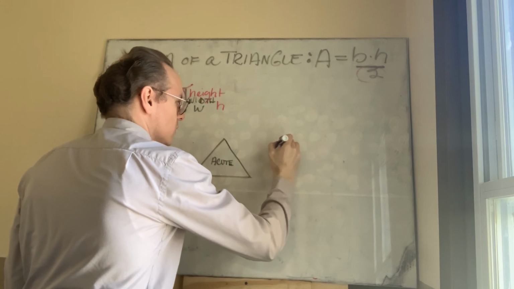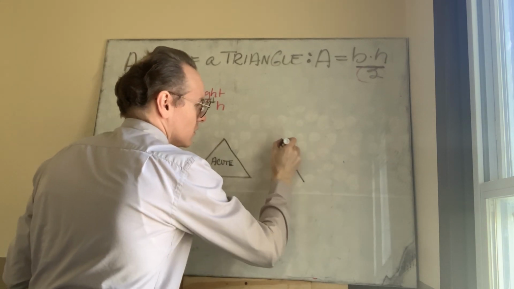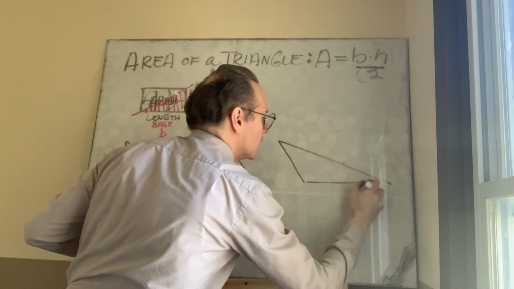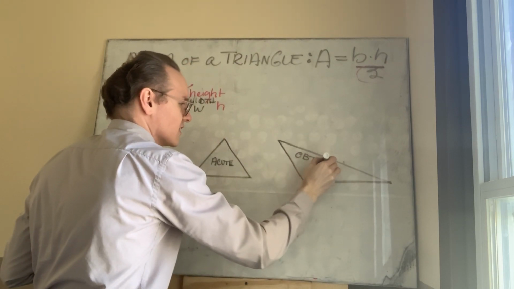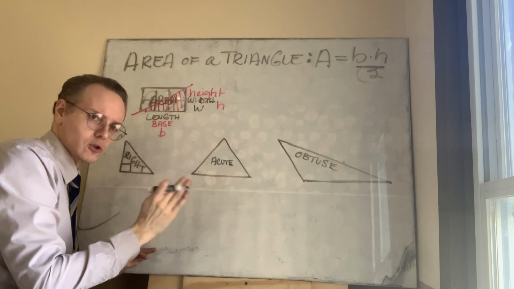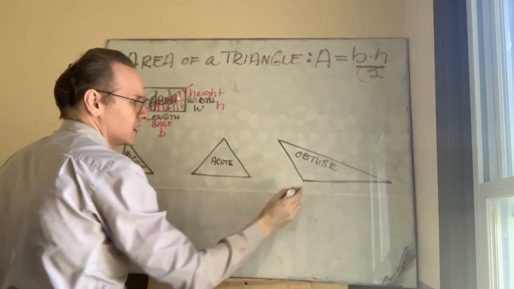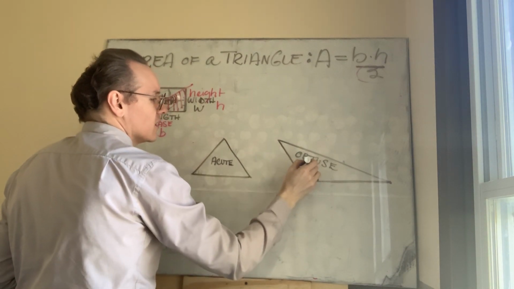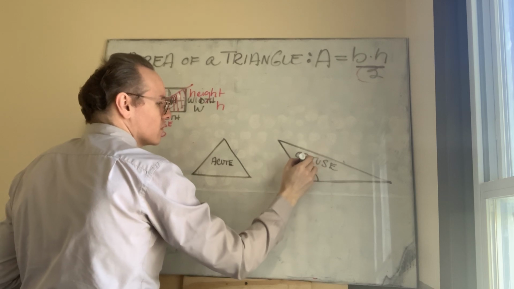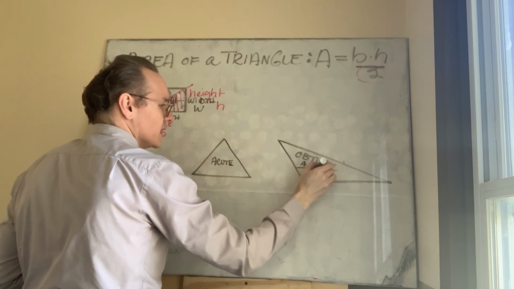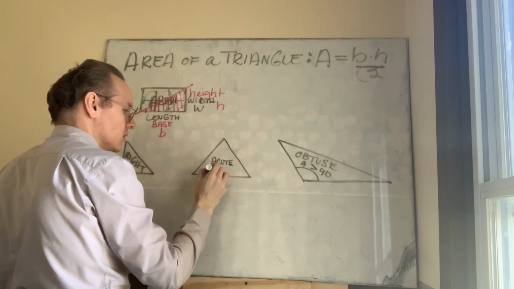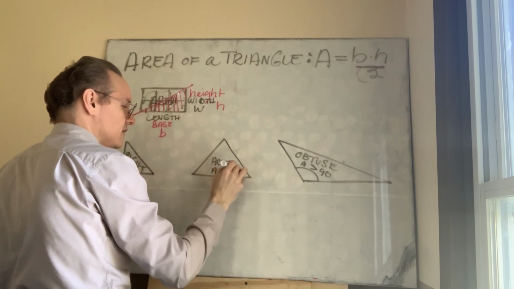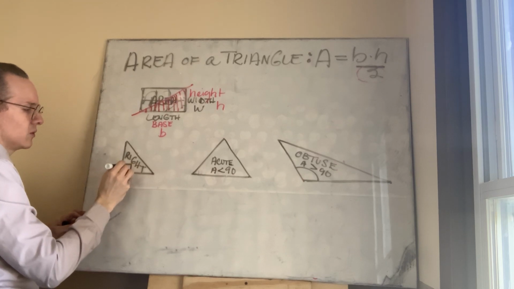And then there's another weird type that looks like this, which is referred to as obtuse. If you have an angle that's greater than 90, as opposed to angles that are acute, which are less than 90, and this is exactly equal to 90.